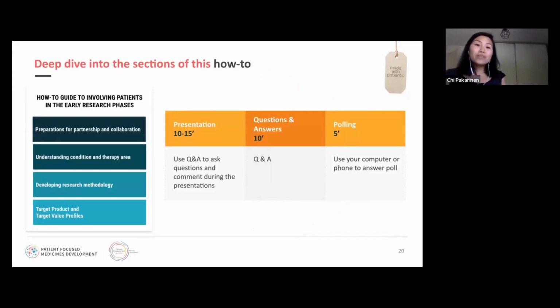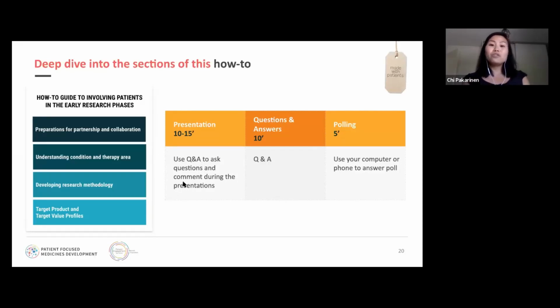So next, I will invite our speakers to tell you more about the specific sections. This is how we will structure the next hour and a half. Each of the sections will be presented by a couple of speakers. Then we have the Q&A. So please, during the presentation, use the Q&A box, ask questions, comment, challenge, give ideas.